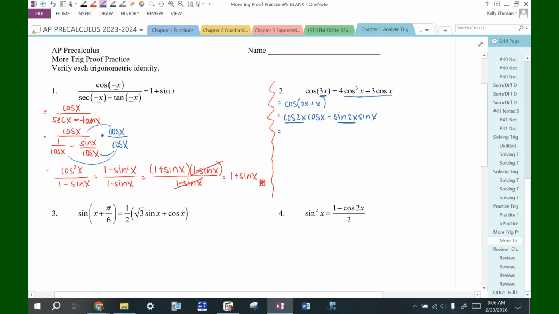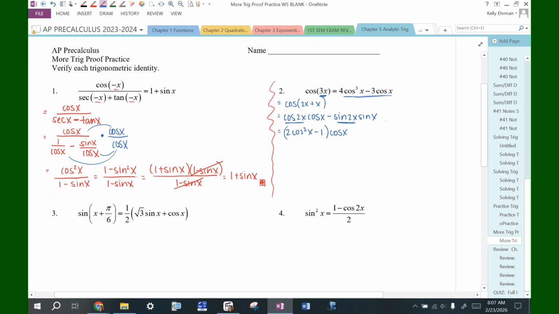So I want to use the cosine 2x that only has cosines. So that's 2 cosine squared x minus 1. And it needs to be in parentheses because it's being multiplied by this cosine x here. Again, if you did cosine squared minus sine squared, that's fine, but you're going to have to replace the minus sine squared with a 1 minus cosine squared, which would get you here.